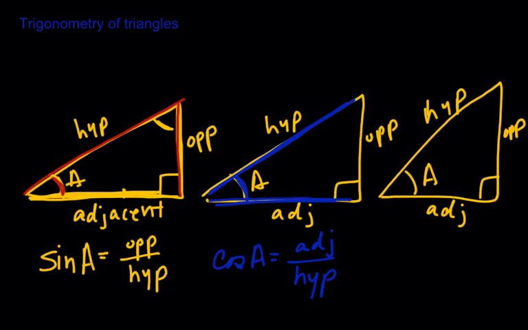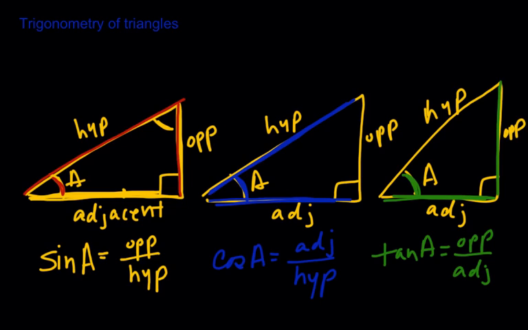And then the third way is called the tangent of angle A, and that is equal to the opposite over the adjacent. So I would take this side and divide by this side, and I'd take the inverse tangent, and I'd have angle A. Those are 3 ways I could figure out one of those angles if I had a nice right triangle.